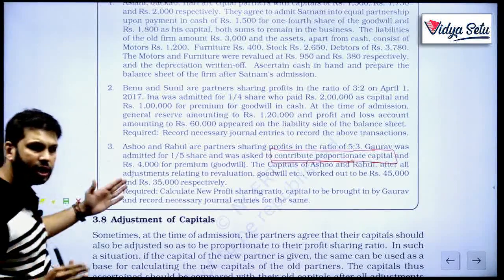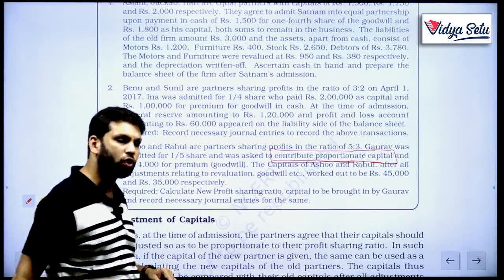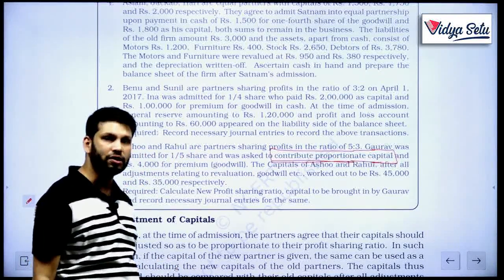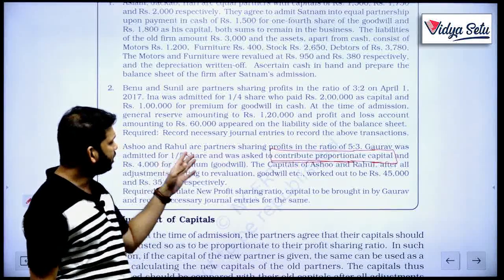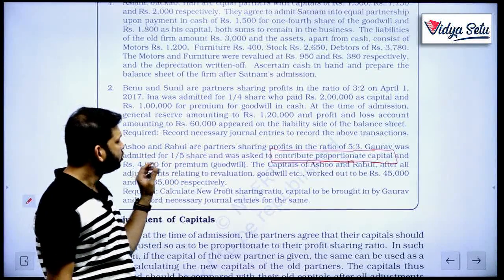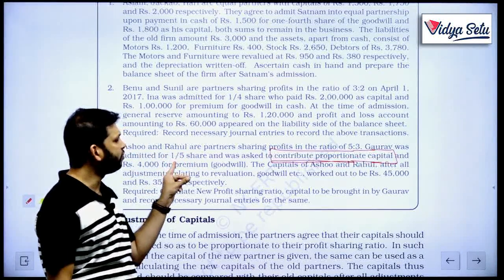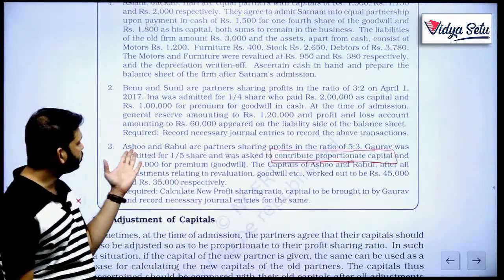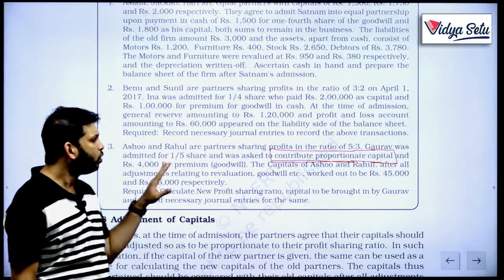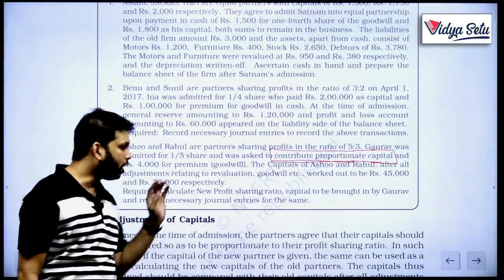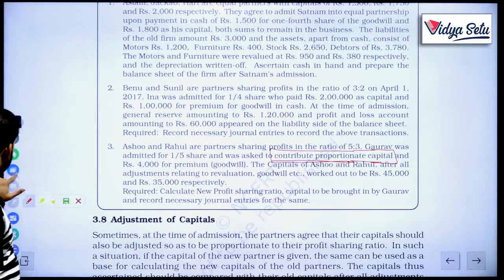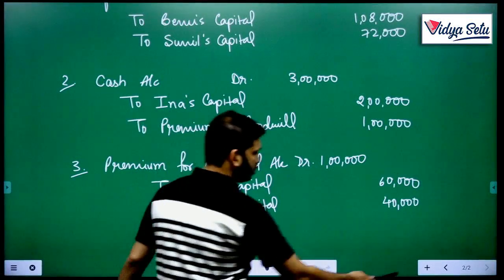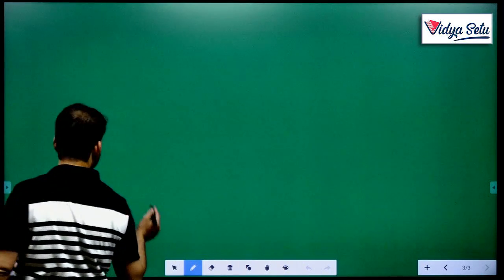Now you have to be very careful, very attentive when you are solving this type of question. Whenever proportionate capital is given, one thing is clear: he has been asked to bring proportionate capital for 1/5 share. That means even the capitals of the old partners Ashu and Rahul were in proportion. Now let's check.